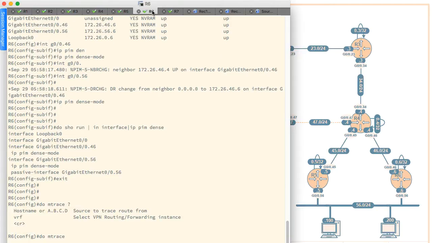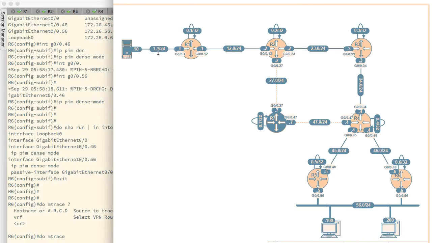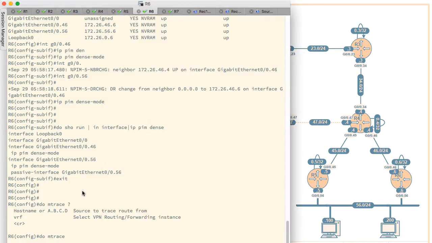Now, it actually works on the source, so the IP unicast source. In this case, I am on R6, and I'm going to trace to the actual source, which is 172.26.1.10, which is up here.